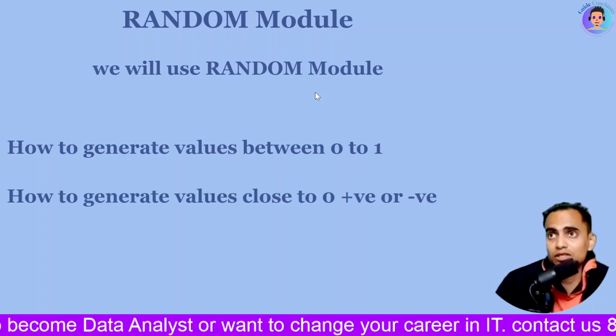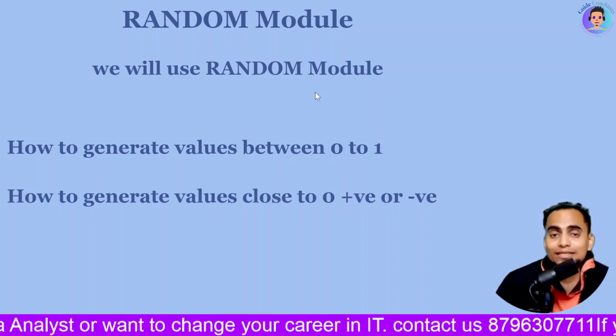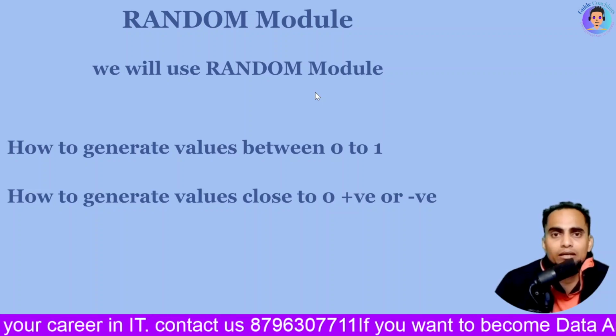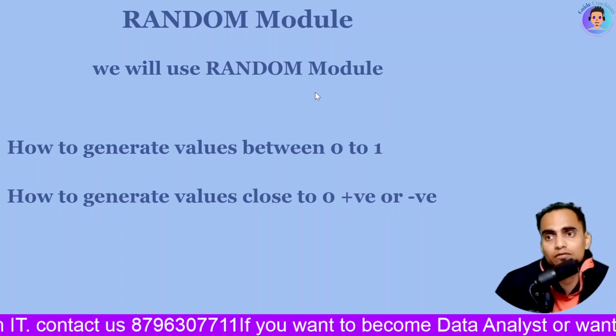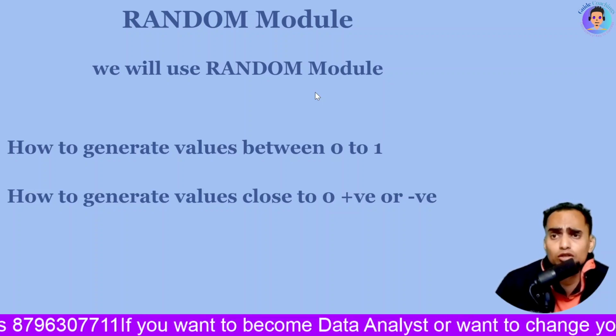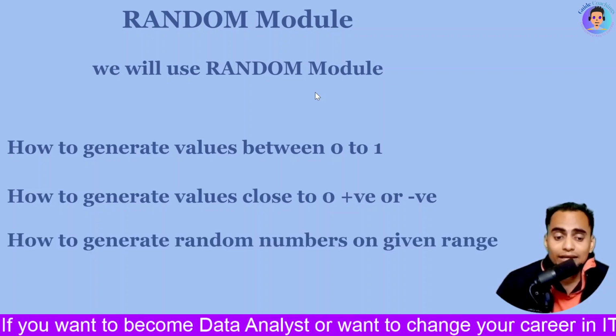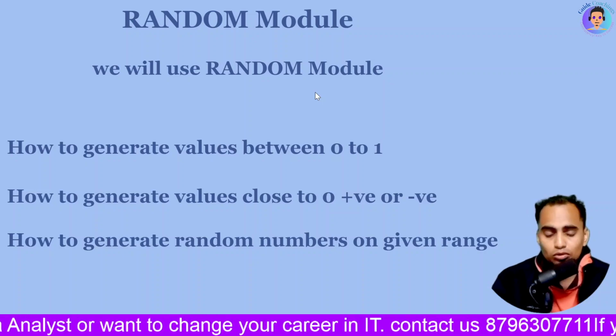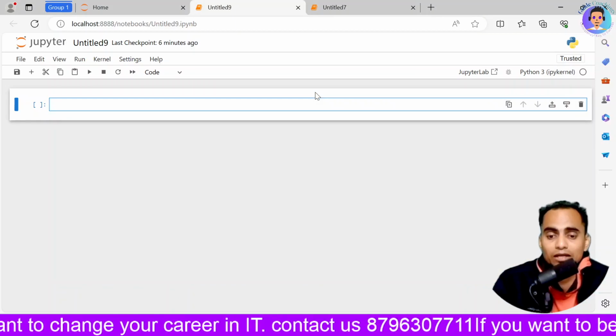And the third situation is when we want to generate numbers in a given range. So you want 10 numbers or 5 numbers between a range, you will specifically describe that range, and using that we can get the numbers. So we are going to see all the practical applications of it.